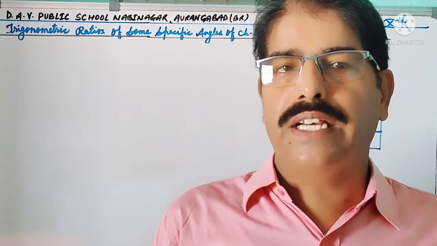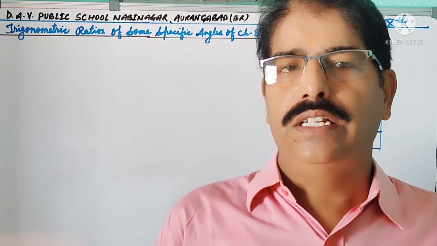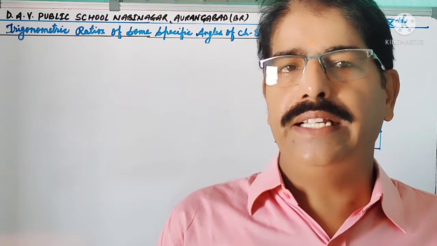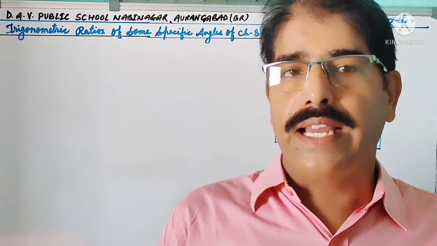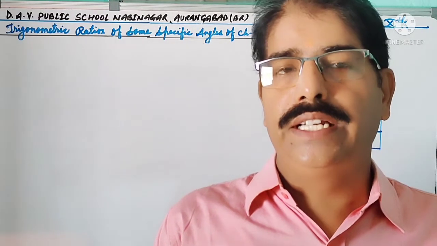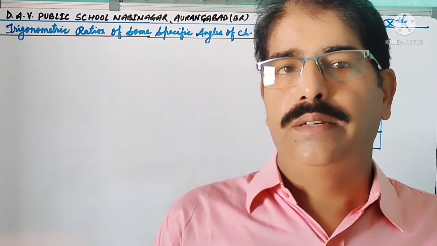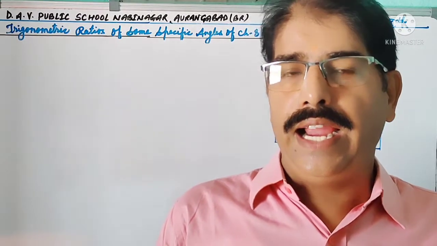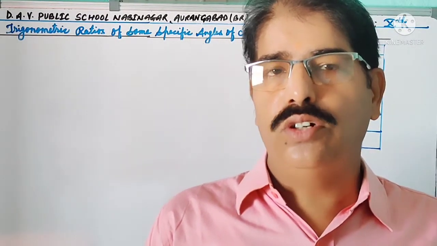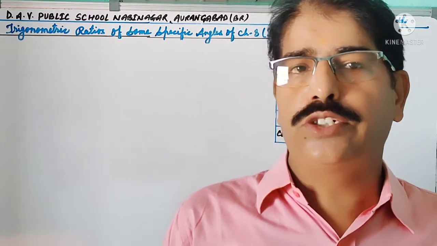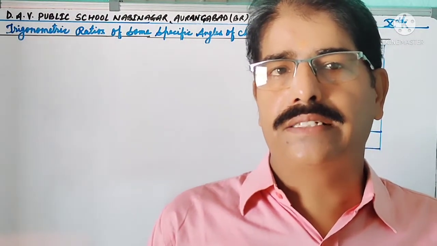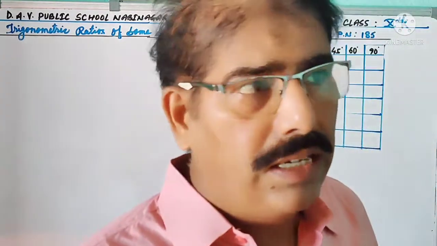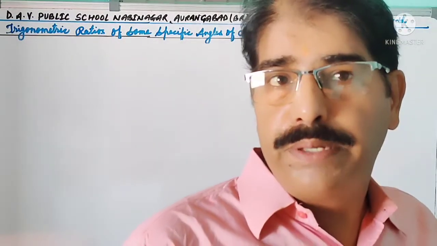In the previous class, we discussed the topic of specific angles of trigonometric ratios, such as 0 degree, 30 degree, 45 degree, 60 degree and 90 degree, and also finding the T ratio of different angles geometrically, which we already solved in the previous class.